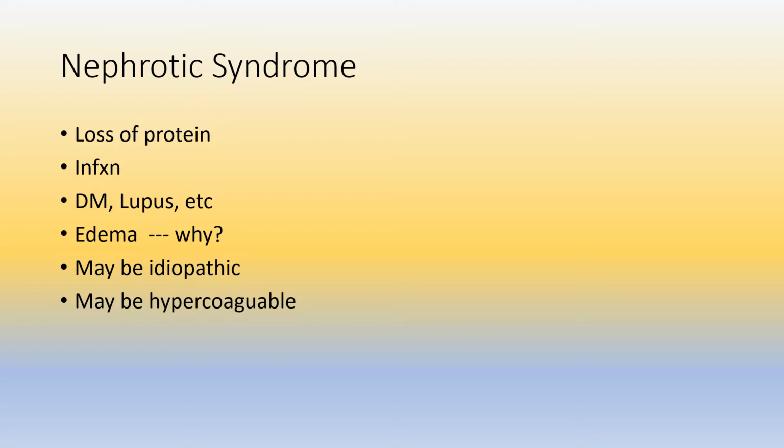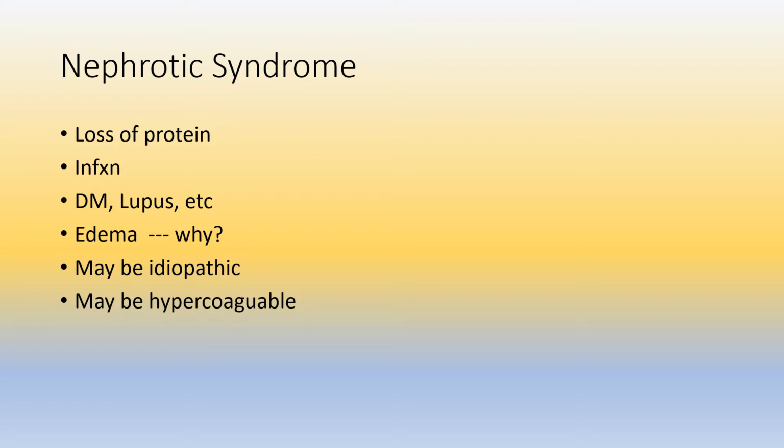Nephrotic syndrome is a condition which happens where the kidney just for whatever reason starts peeing out protein. There's damage to that basement membrane. Some kids get it from an IgA deficiency. There's a number of different things that can do it, but sometimes these folks will lose a lot of protein because they don't have any protein to hold their fluid in the vascular spaces. They'll get substantial edema.